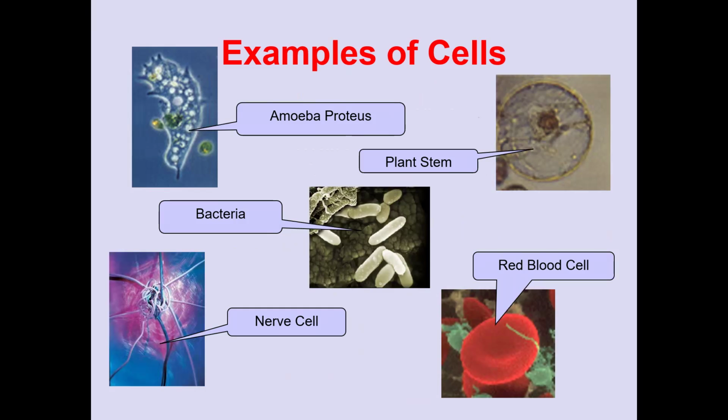These are some examples of cells. We can have cells from unicellular organisms such as amoeba proteus. We have plant stem cells, and bacterial cells. We have the nerve cells that are responsible for transmitting electrical signals in the nervous system.